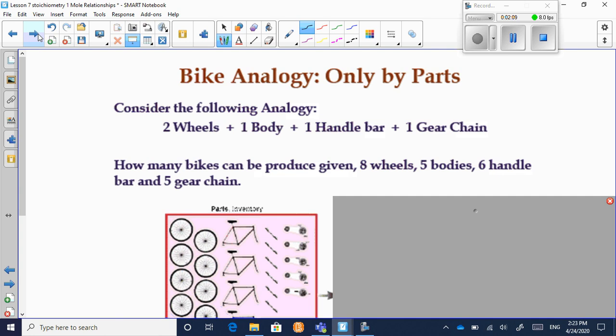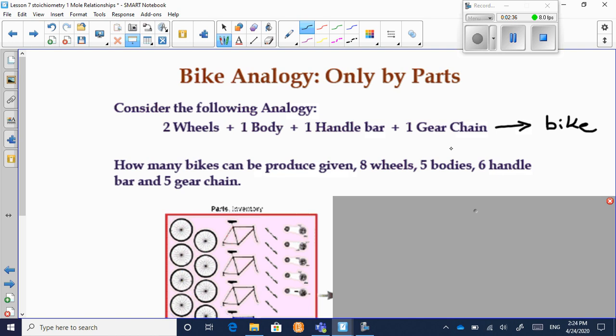Really what we have here is an equation for building a bike. Watch this, I'm going to add in an arrow so it looks like a chemical equation, and then I'm going to put here the word bike. This is like a synthesis equation because we're taking a bunch of smaller things and creating one thing.